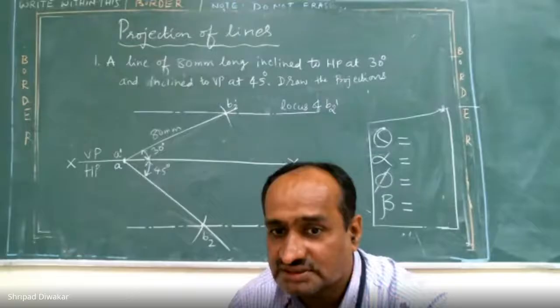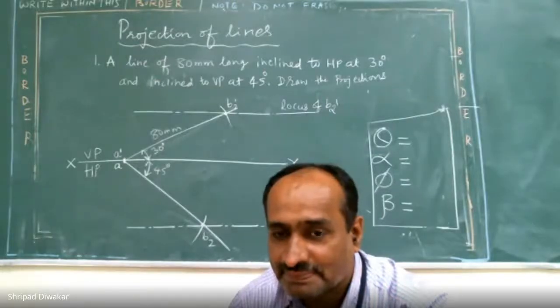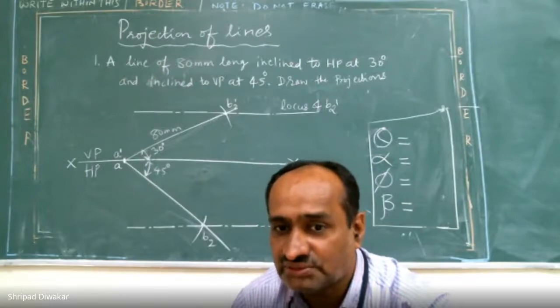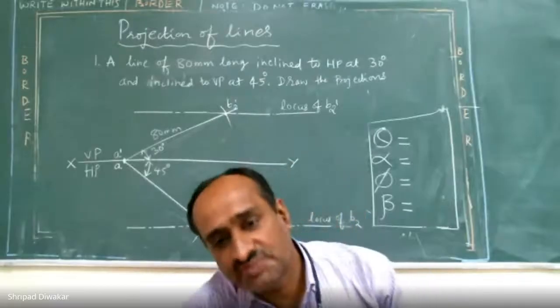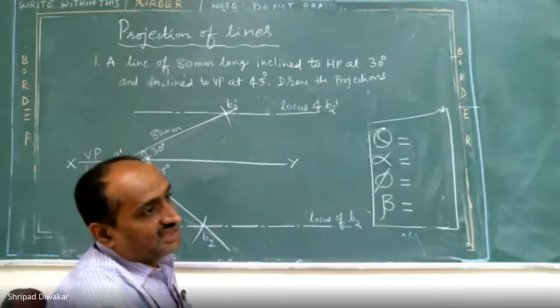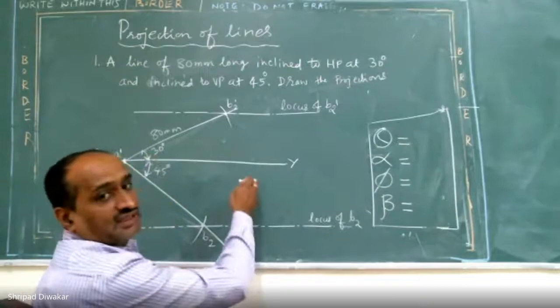From B2 dash to the locus of B2. Where is the locus? It is not there. Then up to where are you going to extend that line? A dash. Good. Because we don't have the locus line here, we are having only one common line.